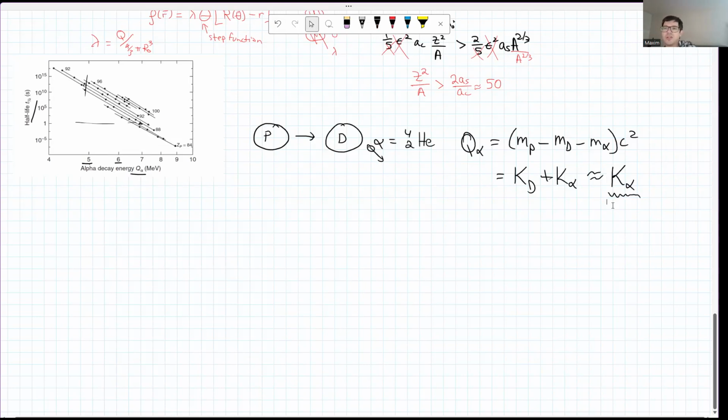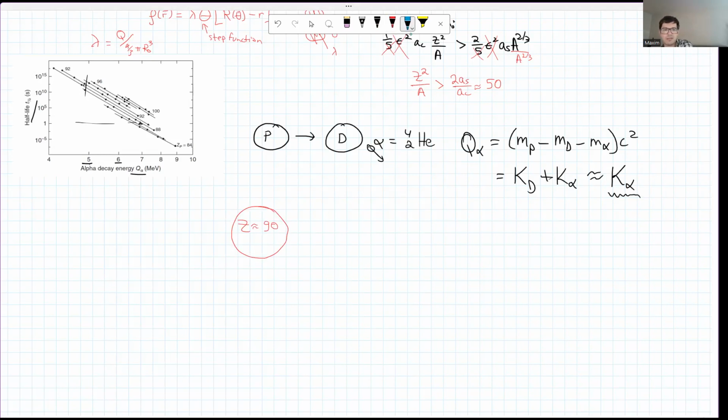Well, if we think about what actually is going on, we'll realize that it doesn't make quite a lot of sense, because of what's going on inside the parent nucleus. In the parent nucleus, you've got a ton of protons. Alpha decays occur for Z around 90. And what happens in alpha decay?